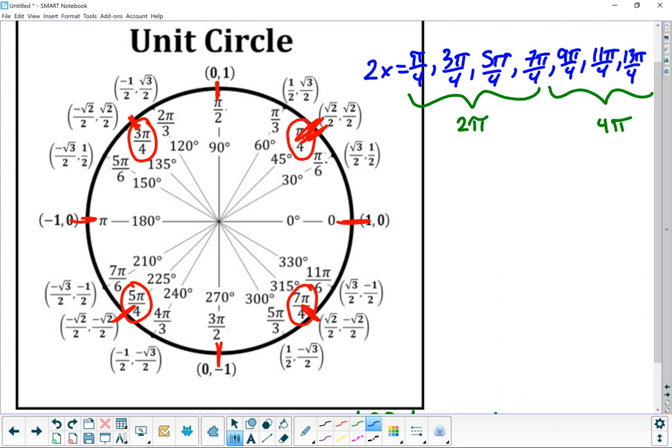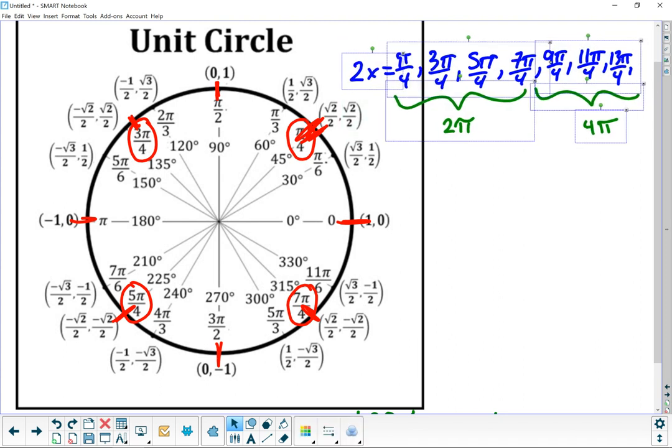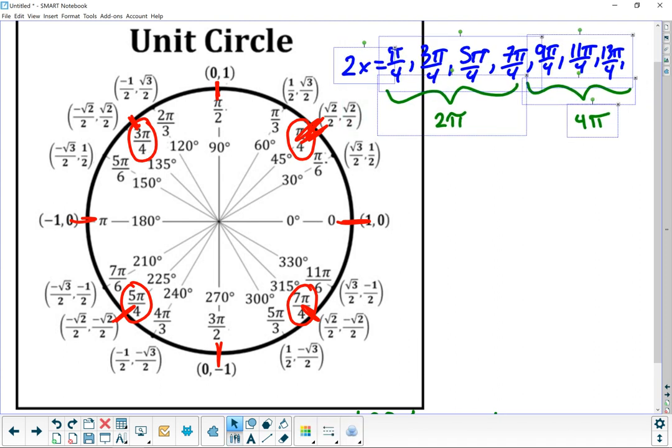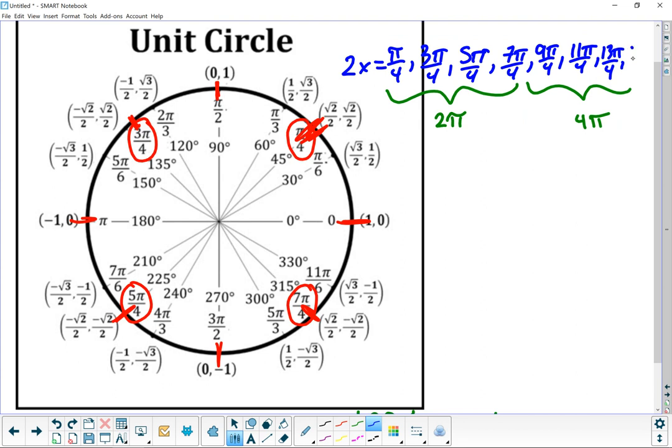And not 14, but 15 pi over 4. If you count them, it's just the odds: 1, 3, 5, 7, 9, 11, 13, 15. So those are all my answers for 2 rounds of the unit circle.